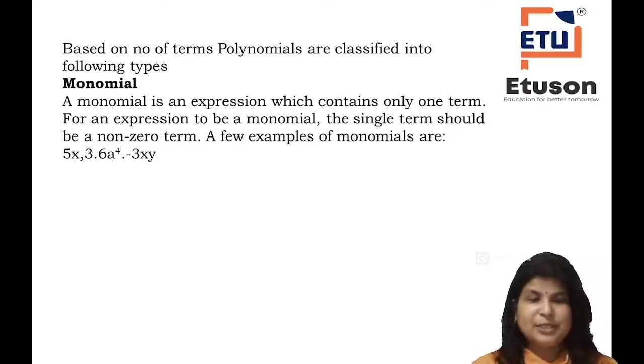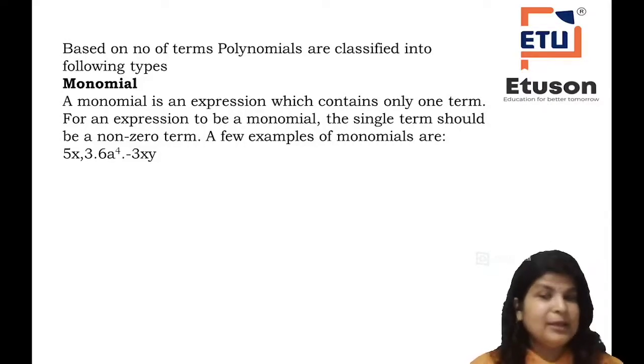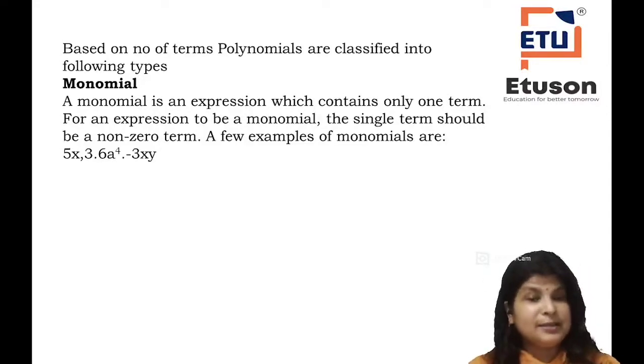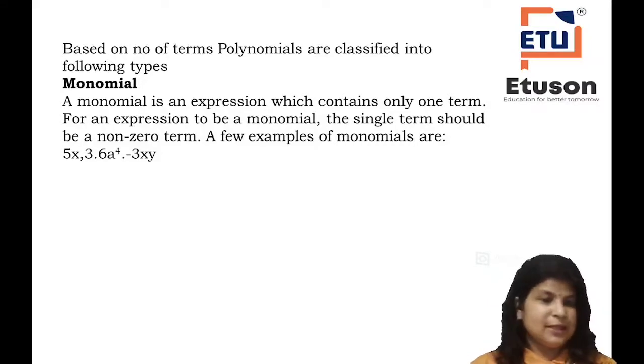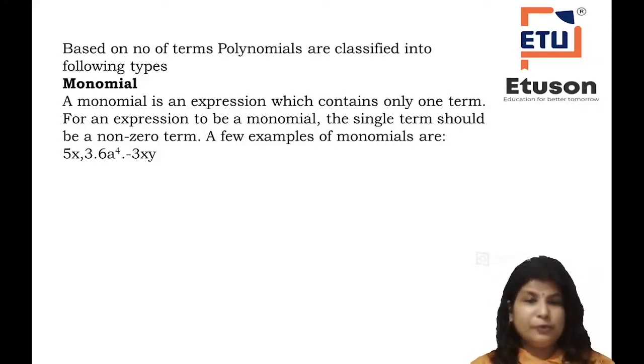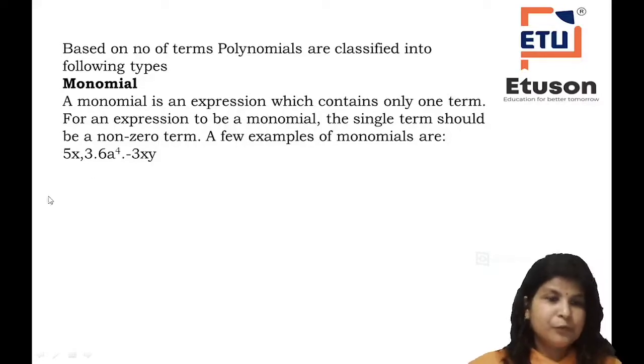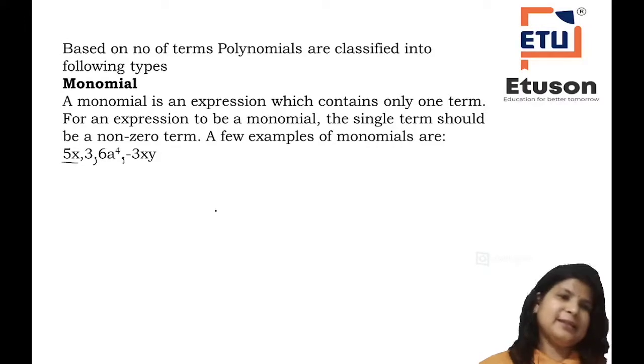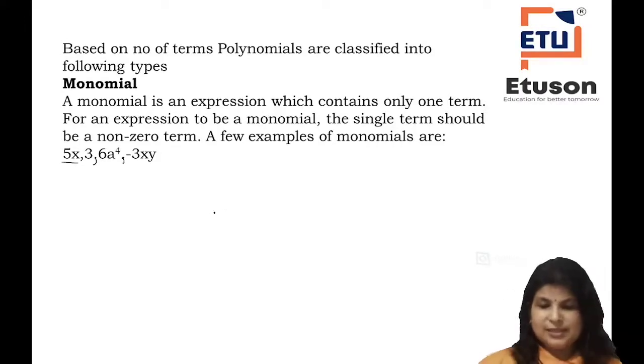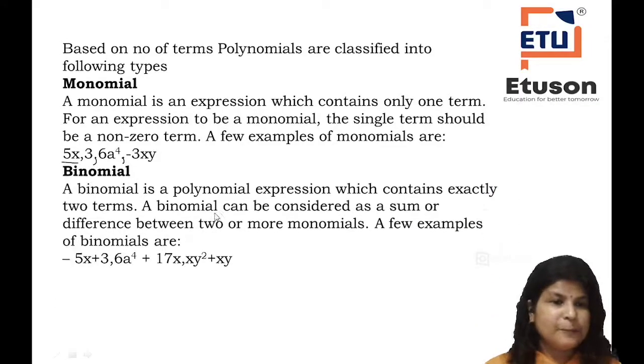For an expression to be a monomial, the single term should be a non-zero term. So these are some examples of monomials: 5x, 5x³, 6a⁴ and −3xy. Correct?